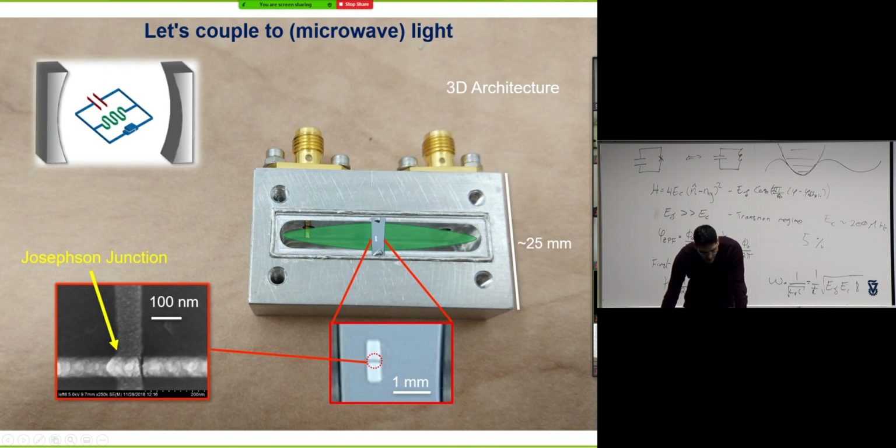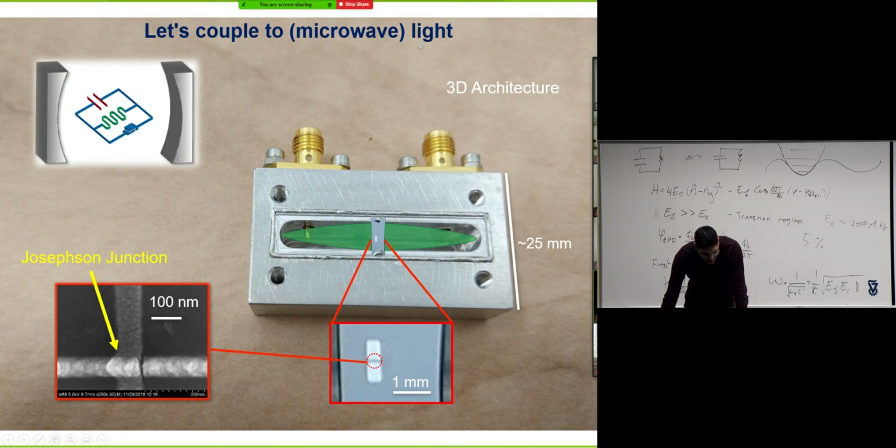And you have one aluminum part touching one paddle and the other aluminum part over here going to the other paddle. And in the middle, what you can see over here, this is the Josephson junction. Okay, so you have aluminum on the bottom over here. This aluminum is oxidized, so it develops a 1 nanometer thickness of aluminum oxide, and then additional aluminum is evaporated on top of it, and over here you get your Josephson junction sandwich, which is on the order of 100 nanometers by 100 nanometers.